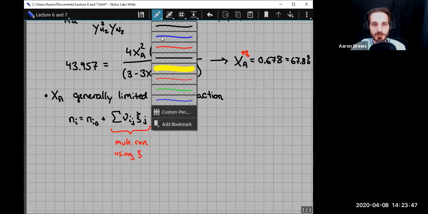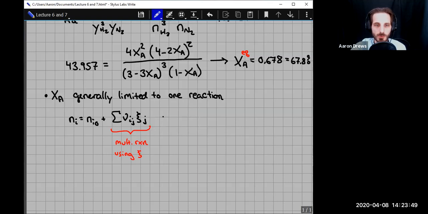The problem is that there is no corresponding extension if we want to use conversion. There's no equivalent extension for x sub A, right? There's no equivalent way that we can sum up all of the various terms if we have more than one reaction and we want to write everything in terms of conversion of A.